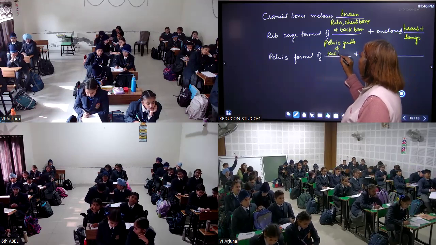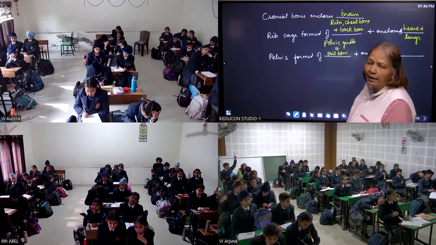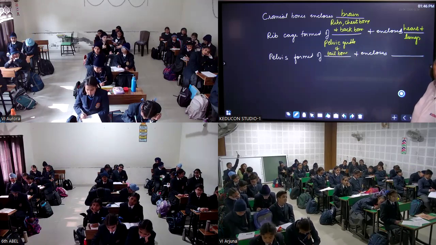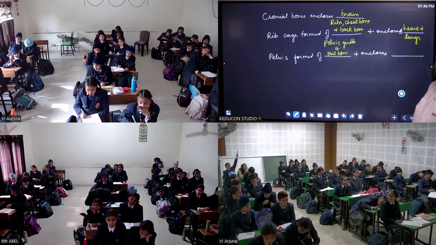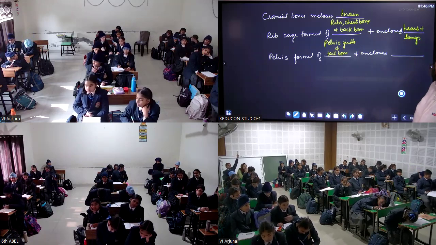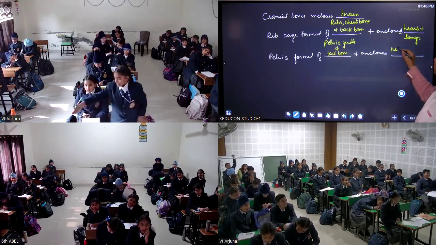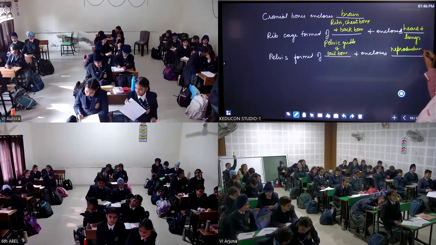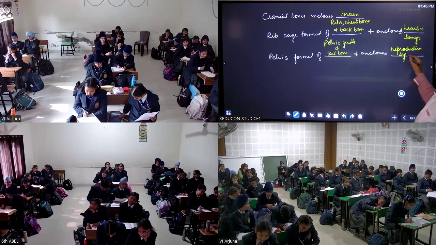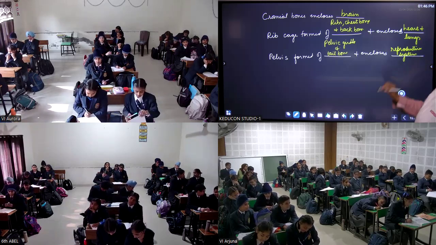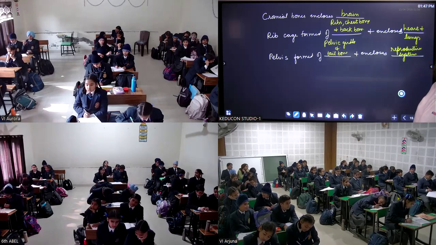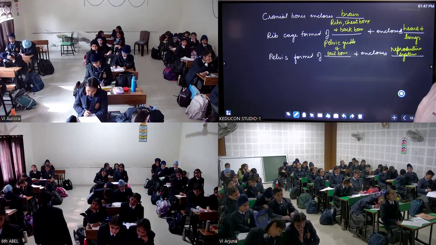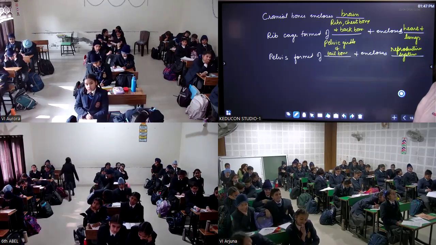Tailbone, ये बैकबोन का लास्ट पार्ट है. हाँ जी बेटा, and encloses, what does this enclose? It encloses the reproductive system. Testes, ovaries, uterus, ये सब यहाँ present है. Pelvis is formed of pelvic girdle and tailbone and encloses reproductive system.